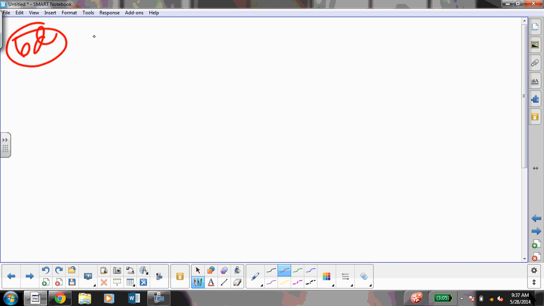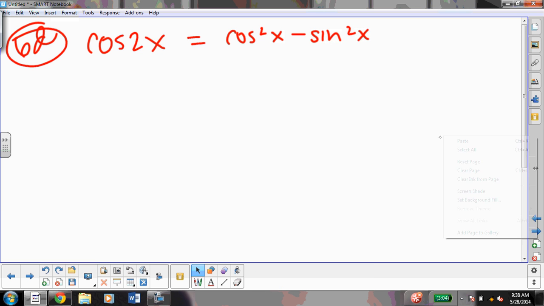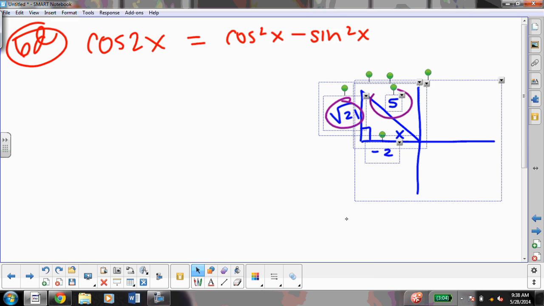6D asks us to find the cosine of 2x. Again, there are multiple cosine angle identities for 2x that you can use. I just picked the first one, cosine squared x minus sine squared x. Let me get my x picture in here.